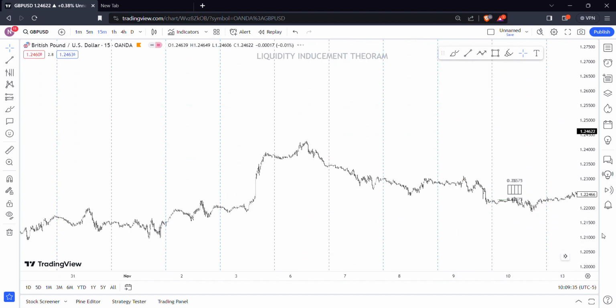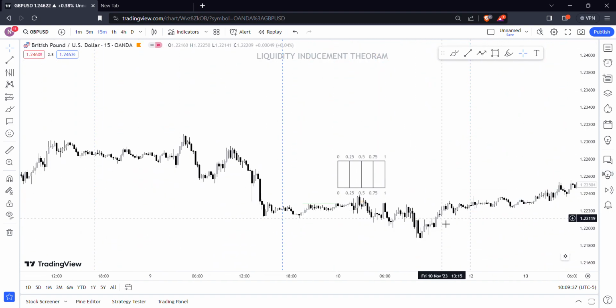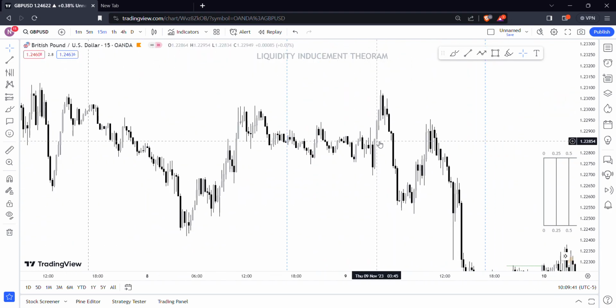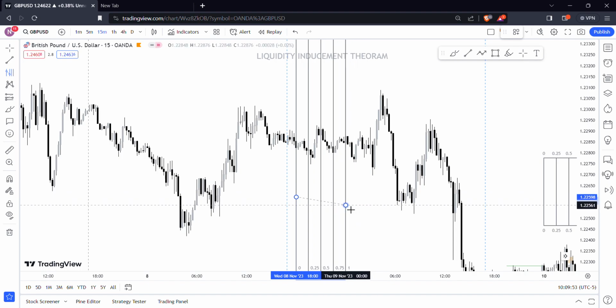If you clearly observe ICT, this is the midnight open. The first cycle starts from 18:00 to midnight. This is the very first cycle.